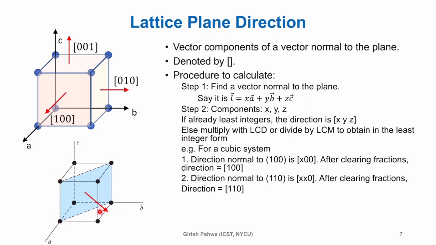Direction is also 1 1 0. But that only works for a cubic system, or you can say cuboid, right? If this is not a cubic system, then this will not work. Then the direction and Miller indices may not match. So just be careful, although we mostly will deal with the cubic system.